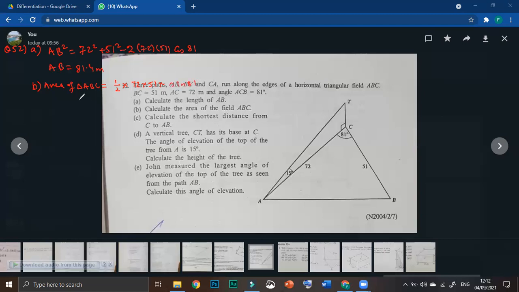So what is the final answer to this one? Please use your calculator. 813.3. 813.3 is the area of the triangle.